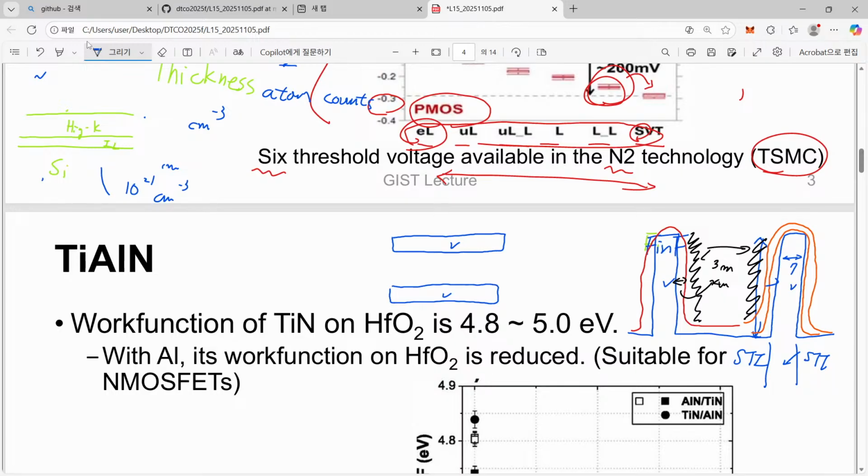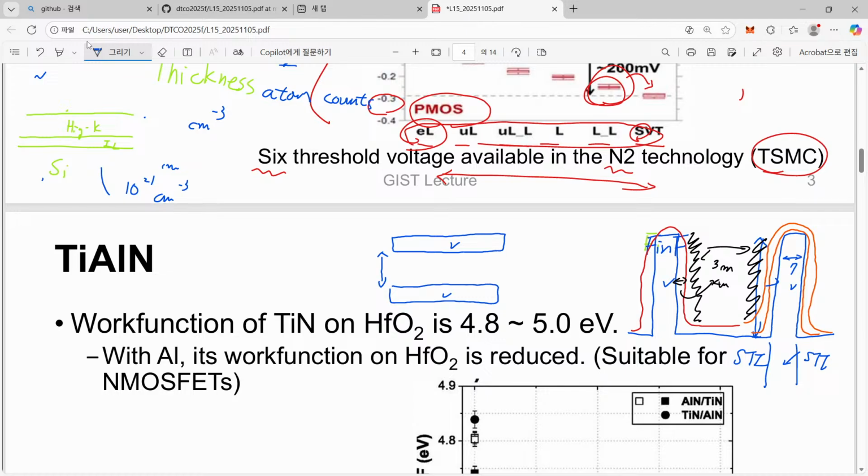But what is the main difference between these two technologies? Just rotating these fins? Actually, not. The distance between these two nanosheets is much shorter than between these fins. Why do we have a shorter distance?